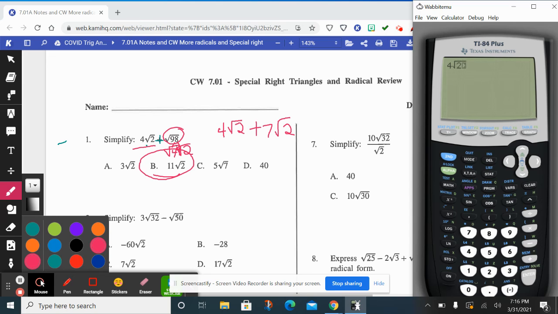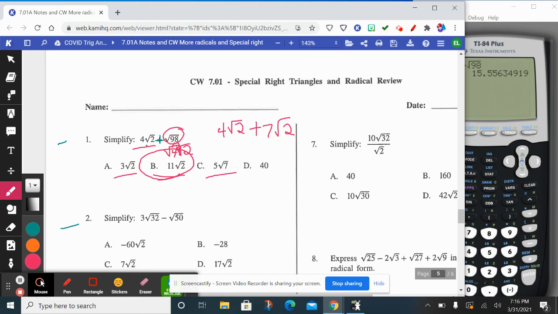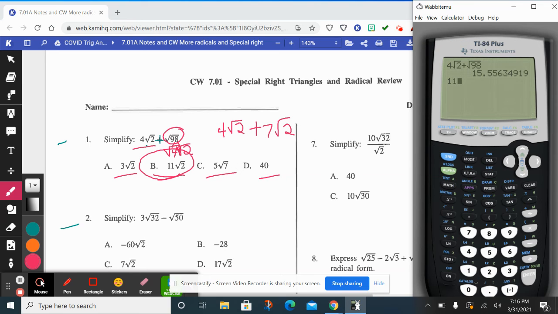So 4 square roots of 2 added to the square root of 98. This is like a double check. We get 15.556. And if you go through and check each choice, only one of them should equal that same answer. So 11 times the square root of 2 ends up being the same answer.